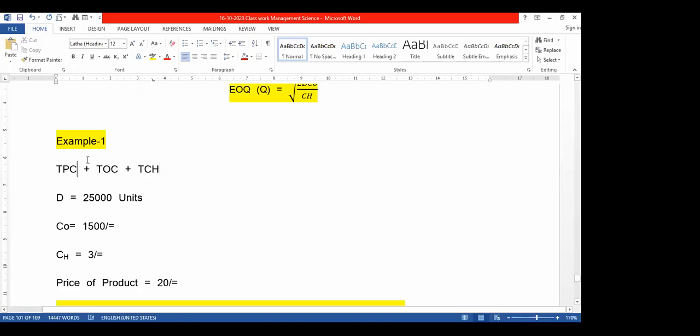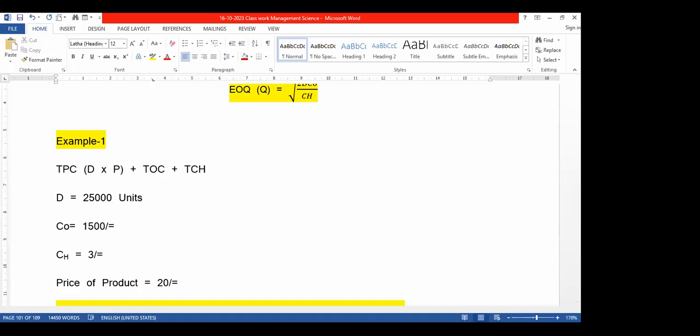The total purchasing cost calculation formula is D multiplied by P, price of the product. So how much? That is 25,000 multiplied by 20 rupees. That is 5 lakhs.